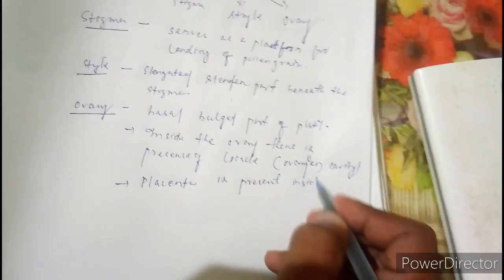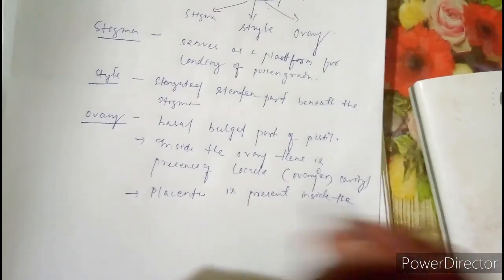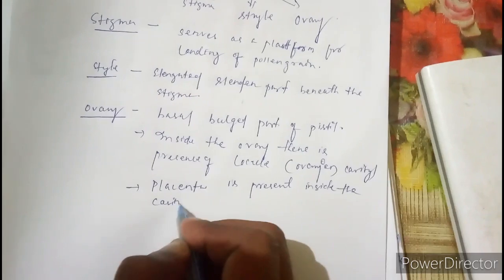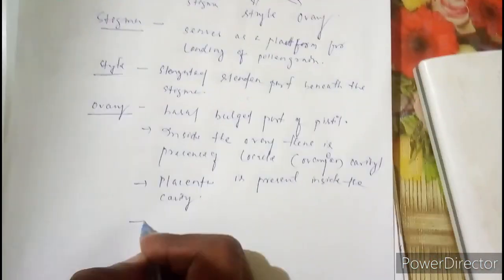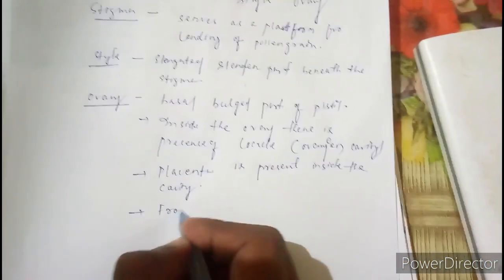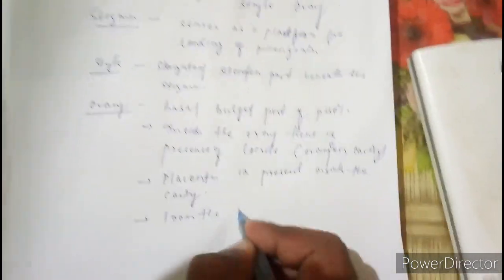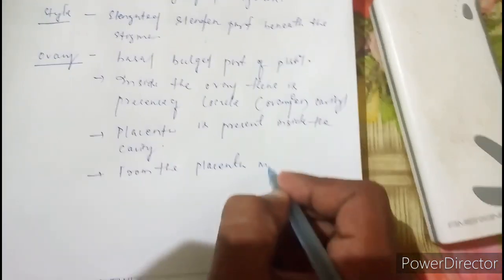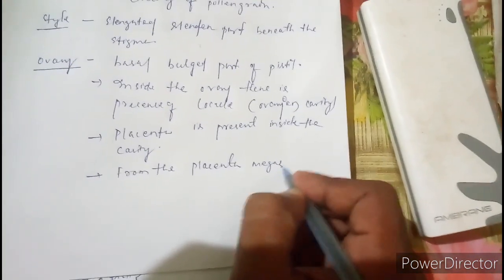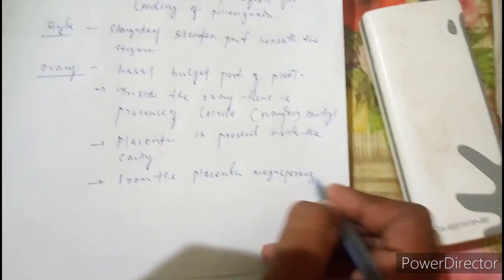Don't worry, I will show you the image of this ovary. From the placenta, megasporangium or ovules arise.